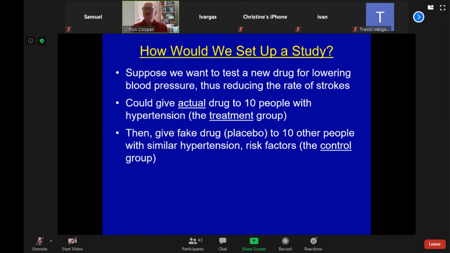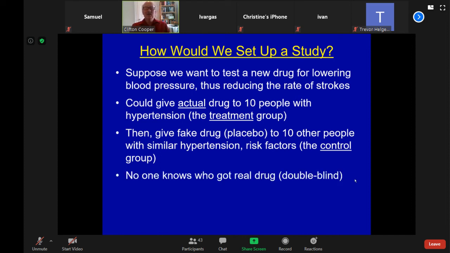People will get measurably better numbers out of that, even though it was a fake pill that wouldn't have had any actual biological effect. The mind overrides the body in some ways. So that's where the control group comes in, because what we can do is subtract out that mind-body effect by giving this placebo or fake drug to some of the people and the real drug to others, and no one knows which was which.